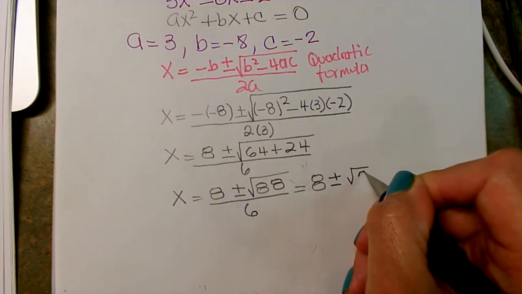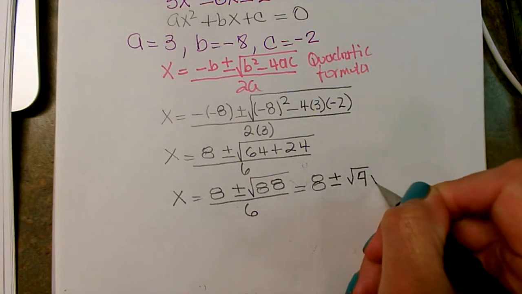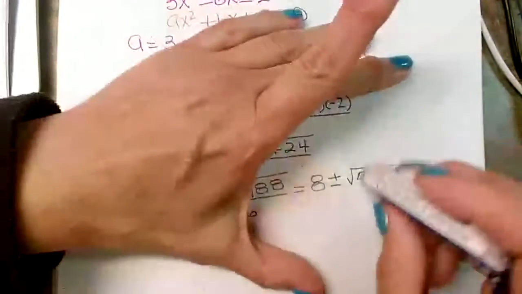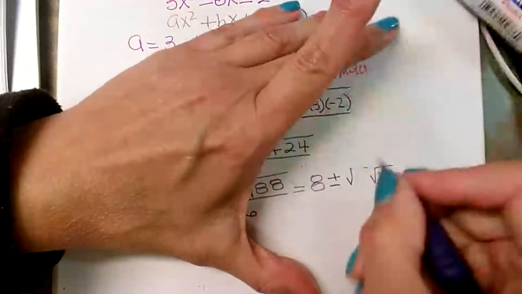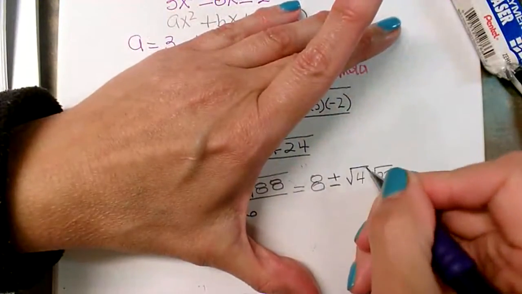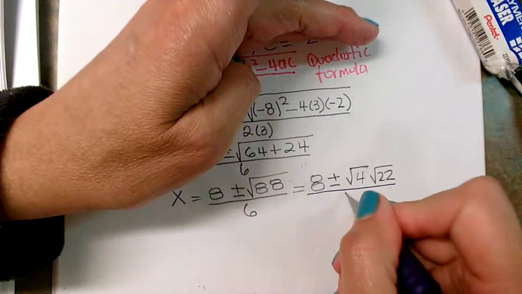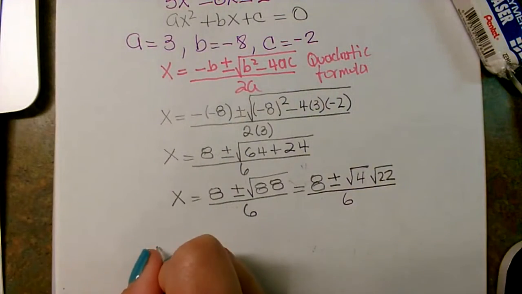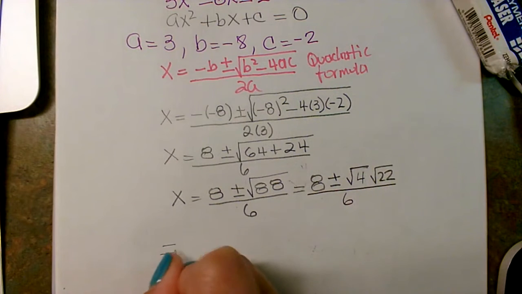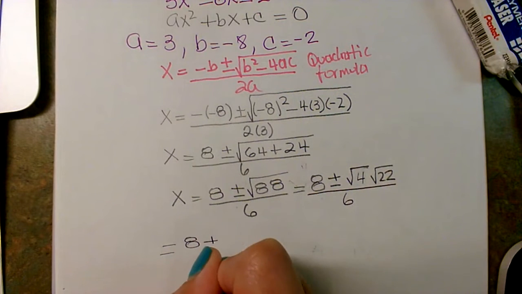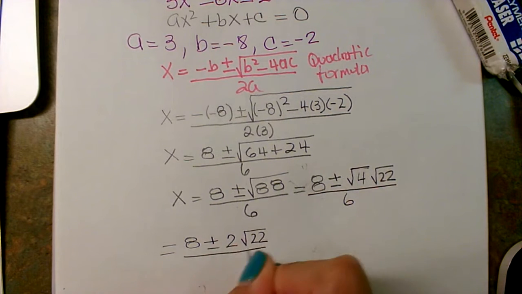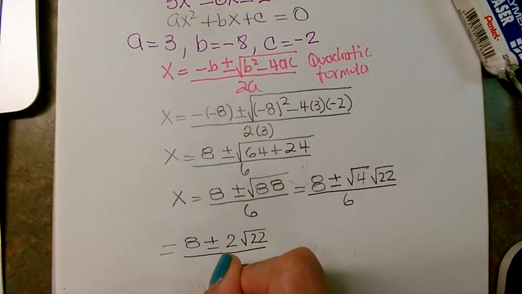So we could have square root of 4 and square root of 22. So x is going to be equal to 8 plus or minus 2 square root of 22, divided by 6.